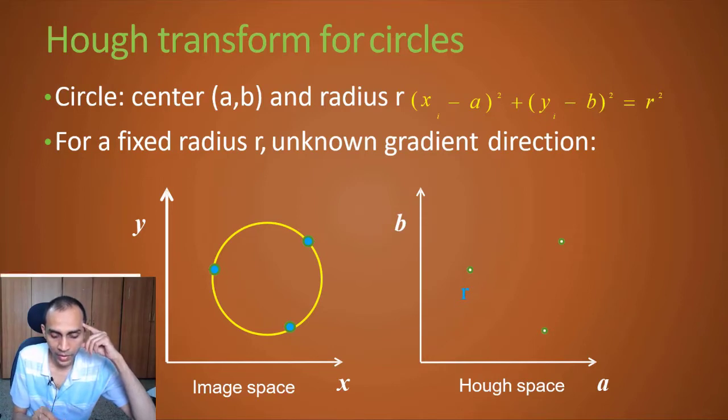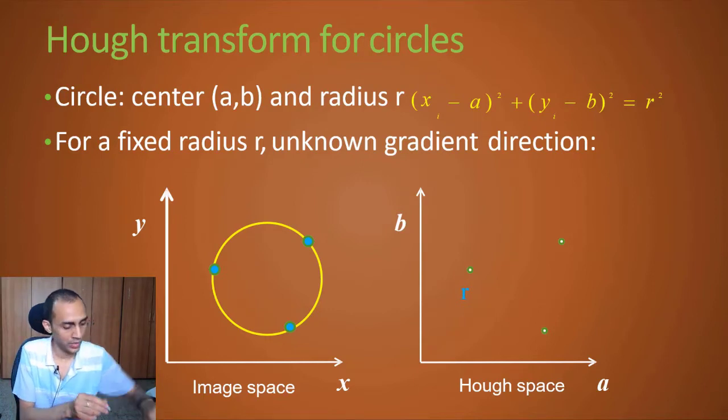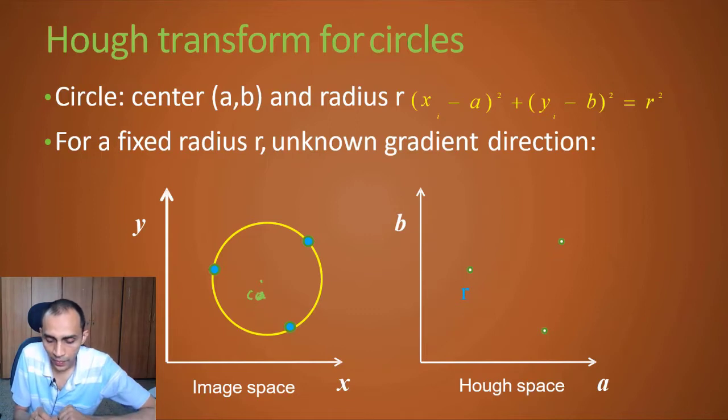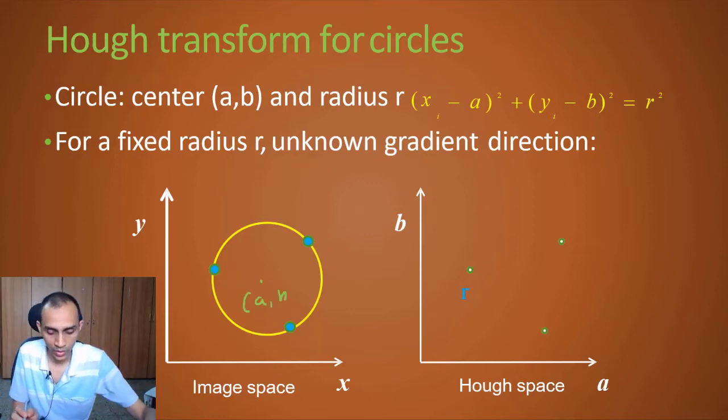can have a parametric equation, for example, for a circle with center (a, b) and radius r, basically, we know the equation of a circle: (x − a)² + (y − b)² = r².